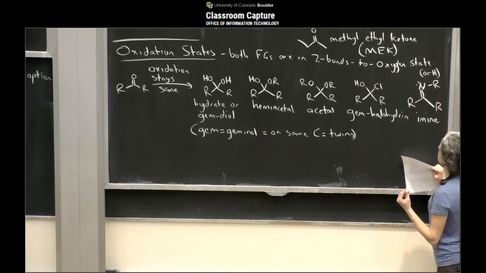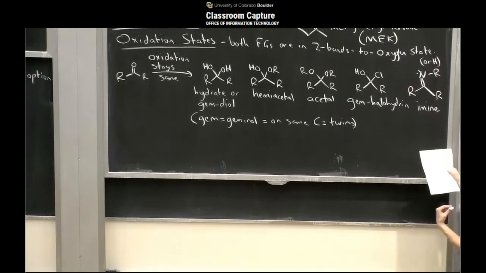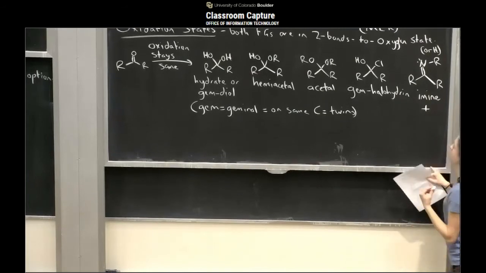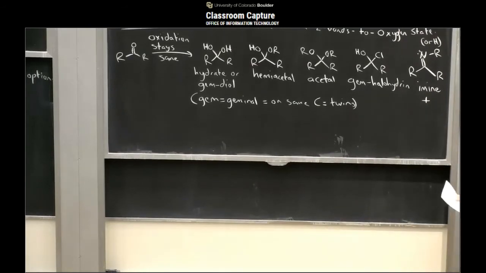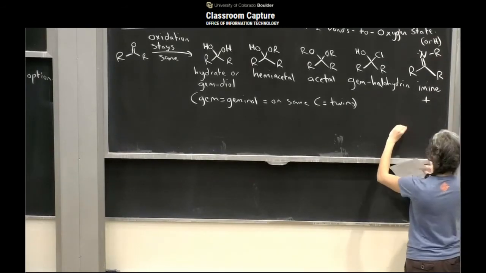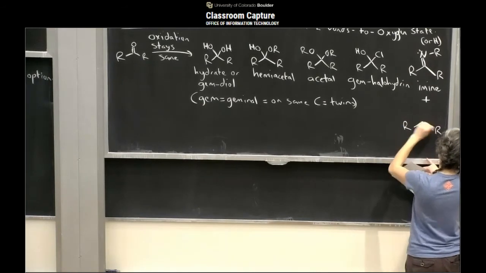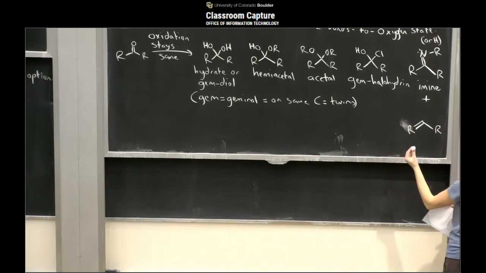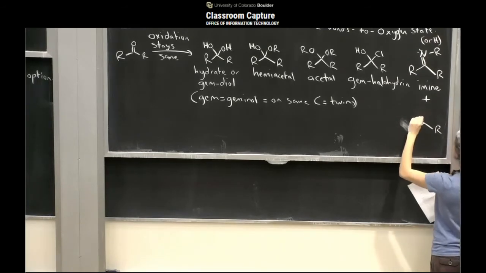And then finally, there's one that's arguably a different oxidation state, depending on exactly what's going on, but it turns out to form under very similar circumstances to how an imine forms. And that's going to be where instead of forming a double bond to a nitrogen, we form a double bond to one of the R groups on either side.